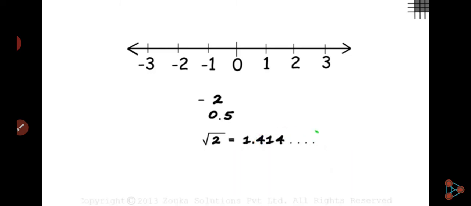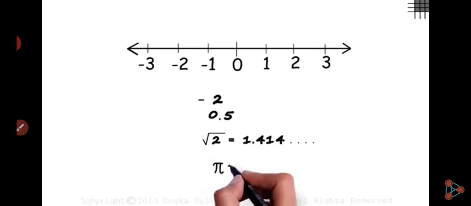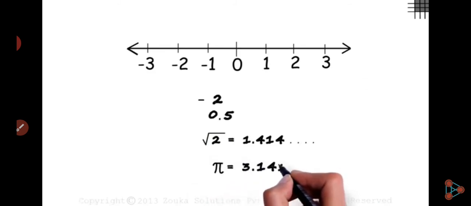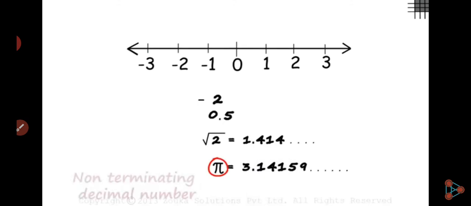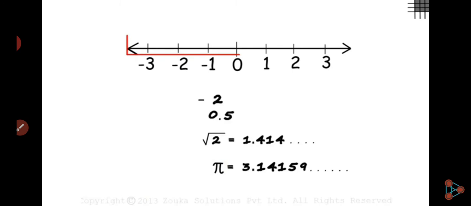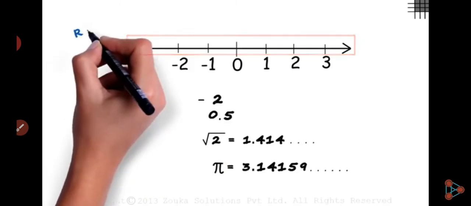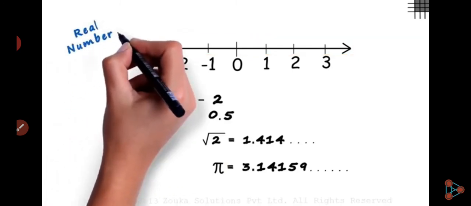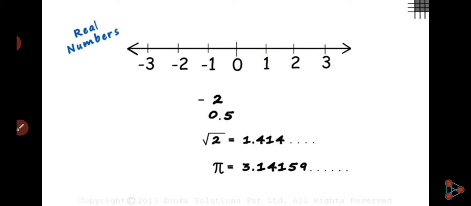It is also denoted on the number line, so it is also a real number. Pi is also a real number because it is a non-terminating decimal number, and the value of pi is approximately 3.1415. These are all real numbers.